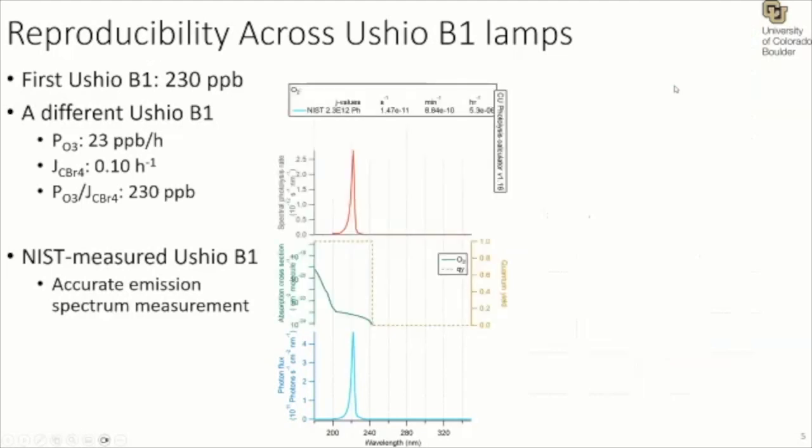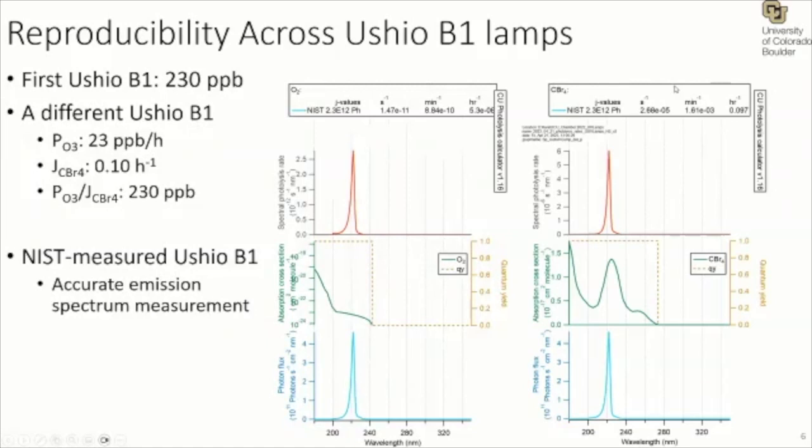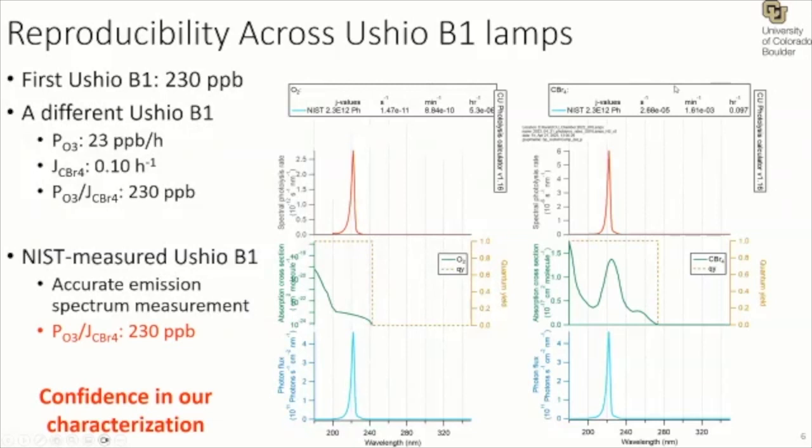With literature absorption cross-section and the quantum yields of O2, we can calculate the O3 production rate of this Wuxio B1 at a certain fluence rate. We can also calculate its CBr4 photolysis rate, and the ratio between them is again 230 ppb. This gives confidence in our characterization.